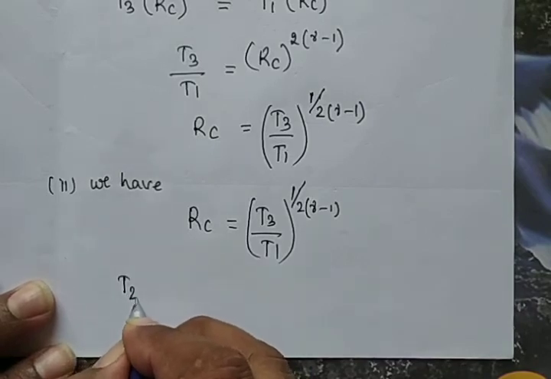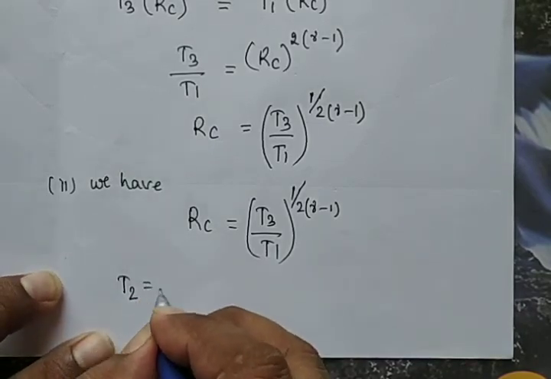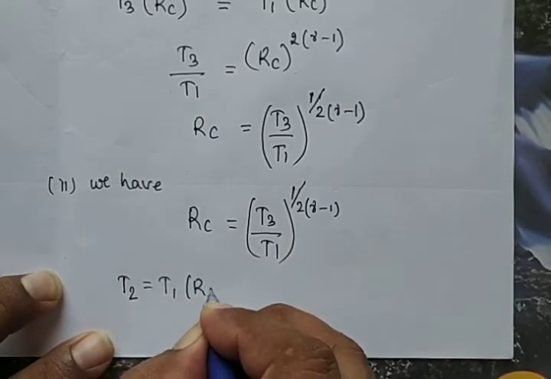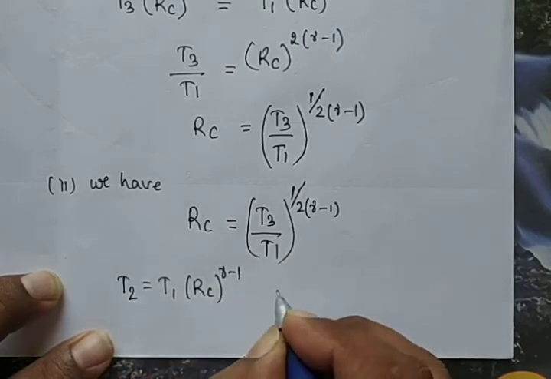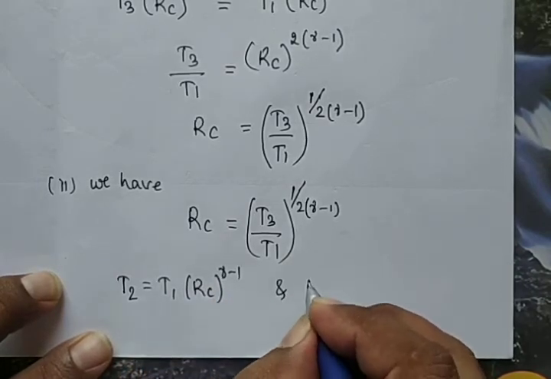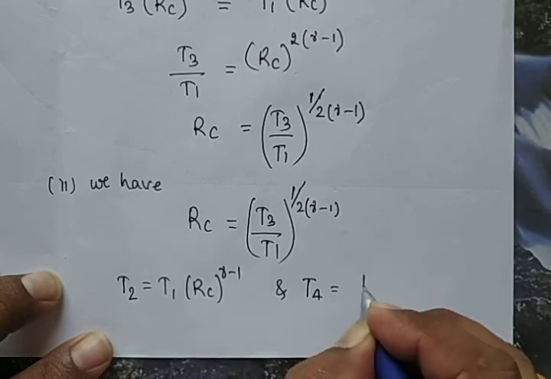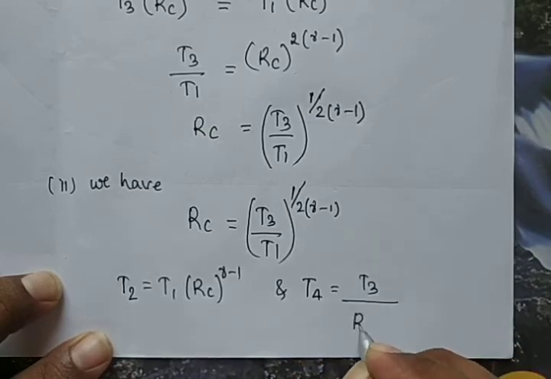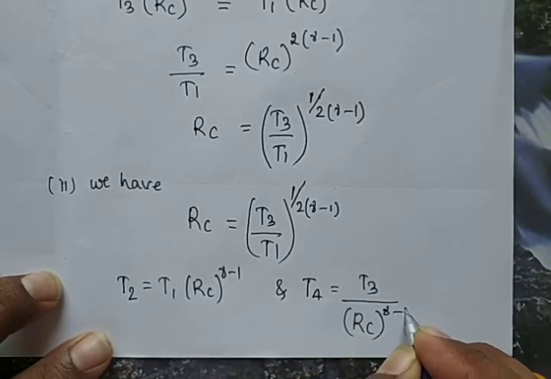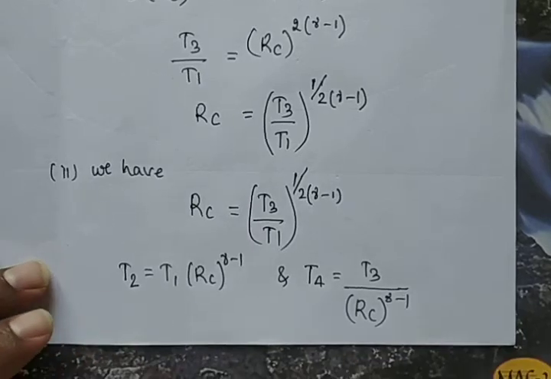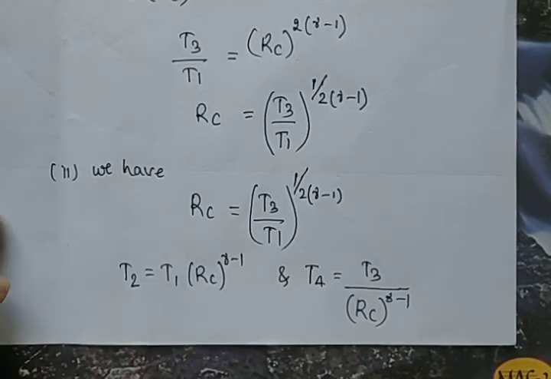T2 is known to us: T2 is T1 into RC to the power gamma minus 1, and T4 is T3 divided by RC to the power gamma minus 1. These two values we know, and I am going to substitute them in the equation and then solve.